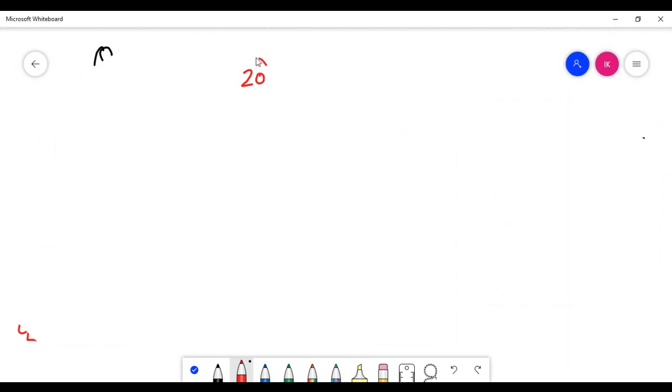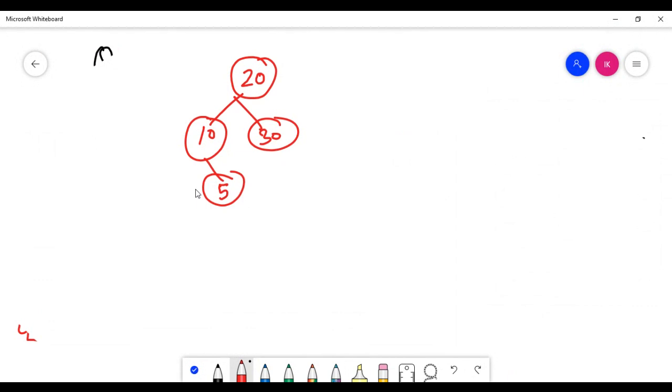Yes, 20, 10, 30, 5. Is this a heap or not? This is a heap. Yes, Doctor, heap. Is this a complete tree or not? No. You said heap, then this is not a heap. How is it complete? If it is not complete, then it is not a heap. Yes, Doctor, heap and complete.